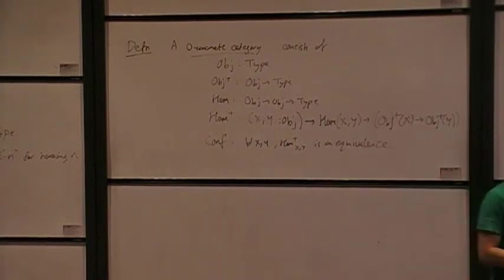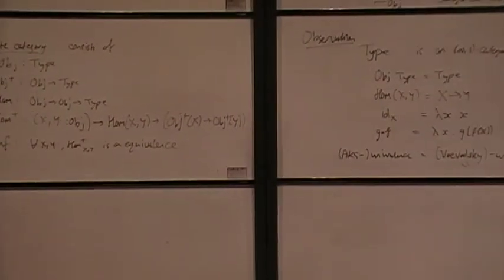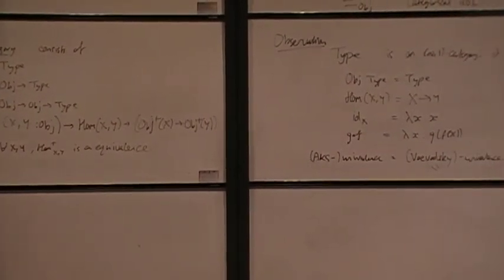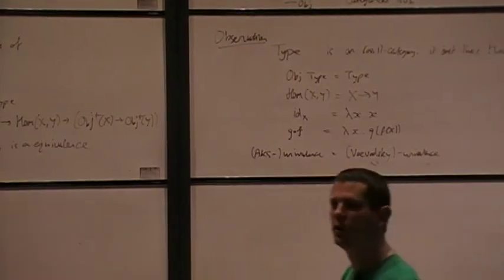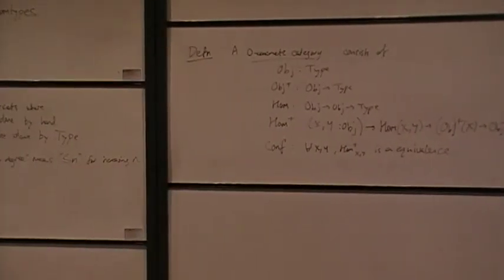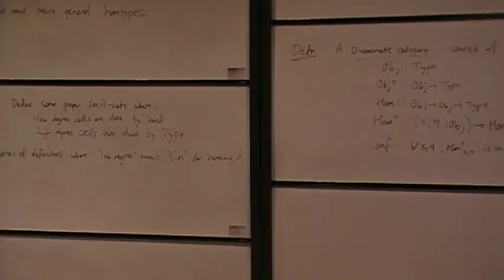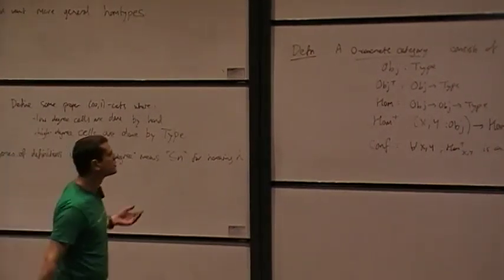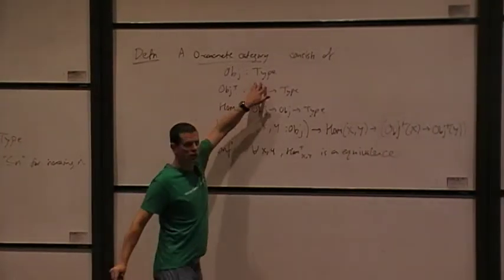So right, I promised you that this was a ridiculous definition, and of course it is. What I've done is define for you a full subcategory of type in an extremely convoluted fashion. So what I've got is a type of objects.